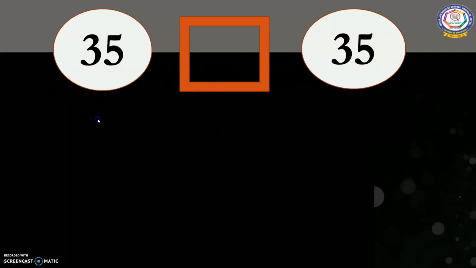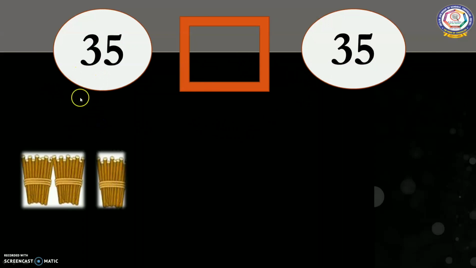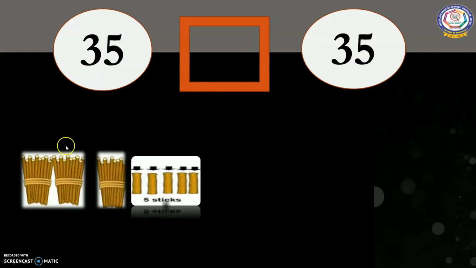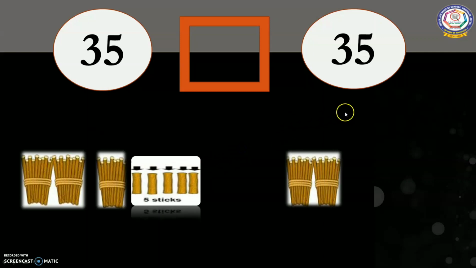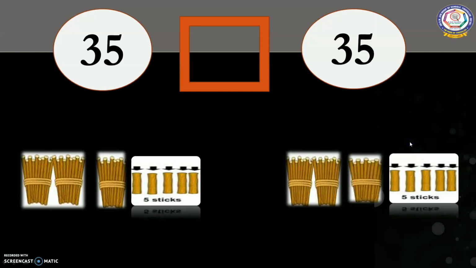Still we check the tens and ones. On both sides we have 3 tens and 5 ones. So it is equal. We have to draw the equal to sign if both the numbers are the same.